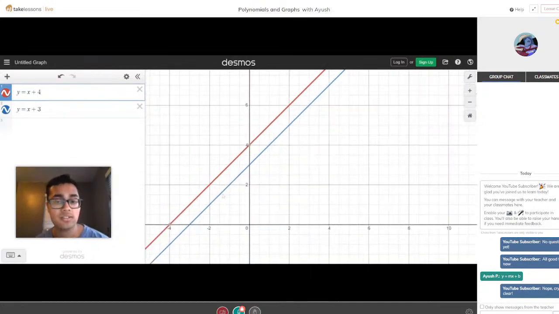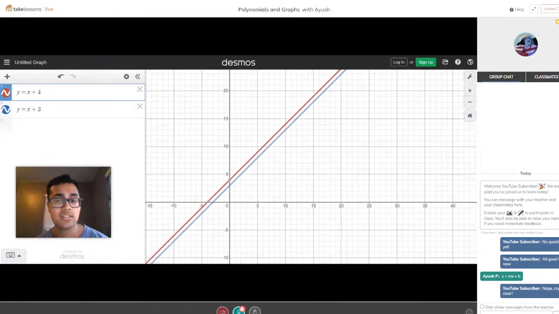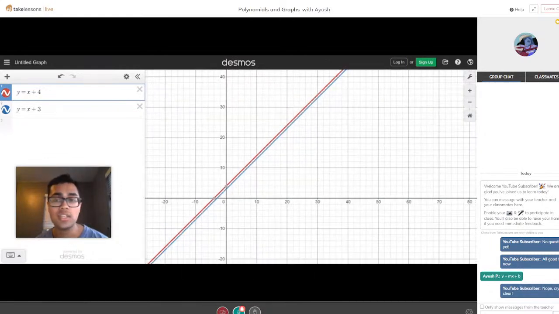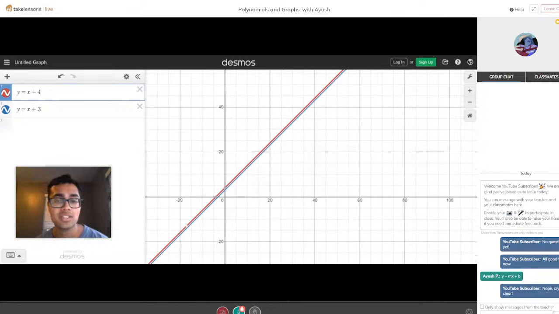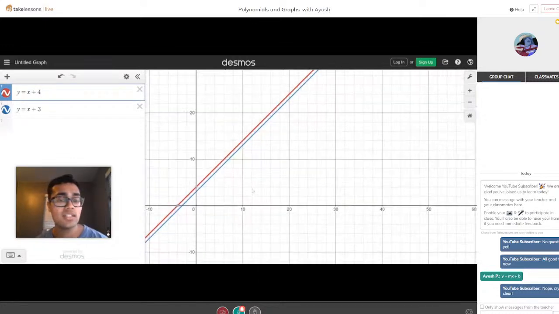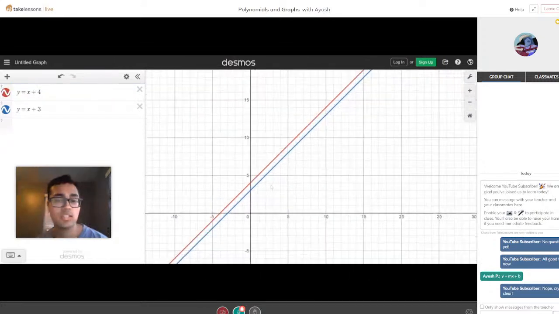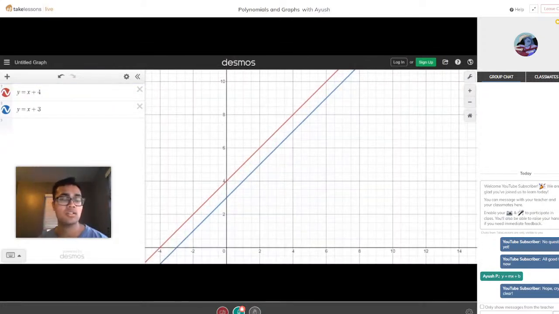They will never intersect. You could go on forever. I could keep zooming out. These two lines will never intersect, ever. So if the SAT says, given these two lines, are they ever going to have a solution to the system of equations?